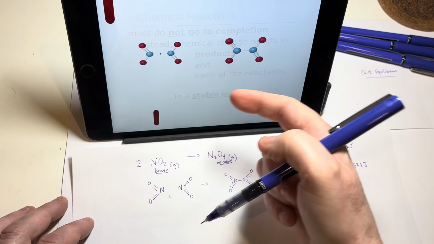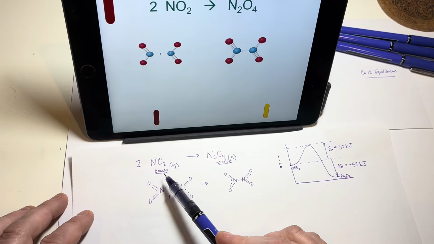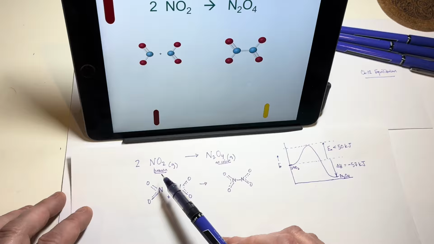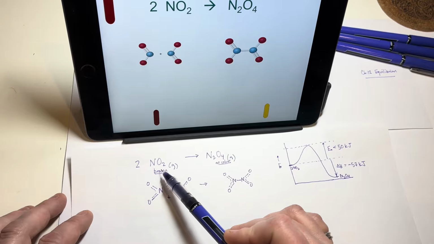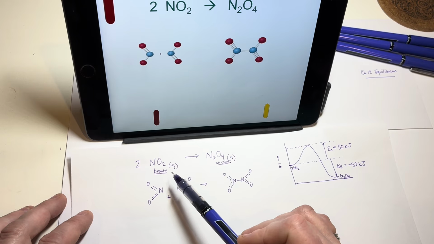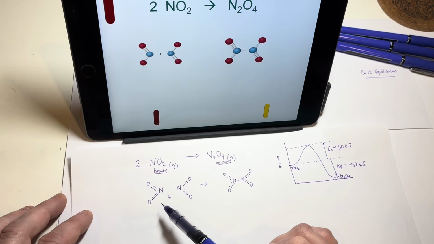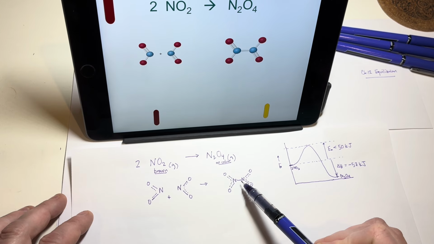To study this, we want to take a look at this reaction here. We'll just envision the gas phase, nice and simple. You already synthesized this gas, nitrogen dioxide. You know it's a brown gas. It turns out that if two of these react, if they collide with each other, they can join up and become a dimer.